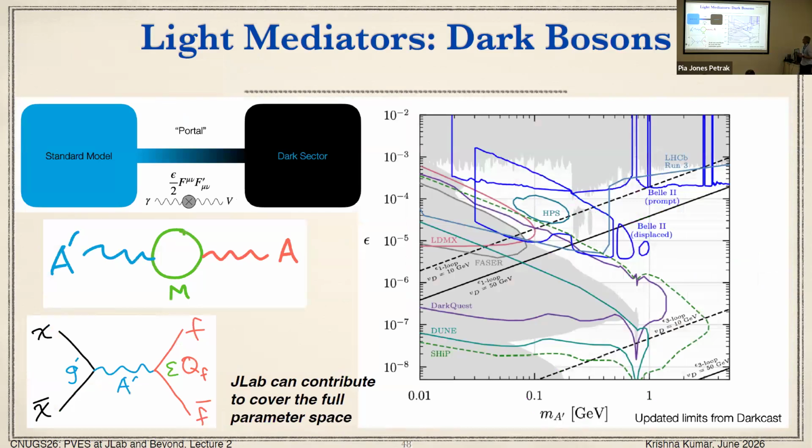Okay, so I also show this. This, I think, will be the focus of your topical lecture next week, so I won't say much about it. But there are also light mediators, dark bosons, that we look for, and Jefferson Lab contributes to this parameter space. The idea is that the standard model is a portal to the dark sector, mediated through a light dark boson.